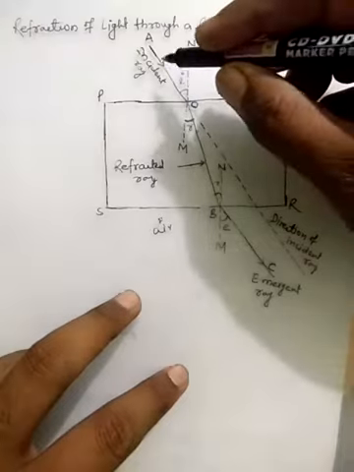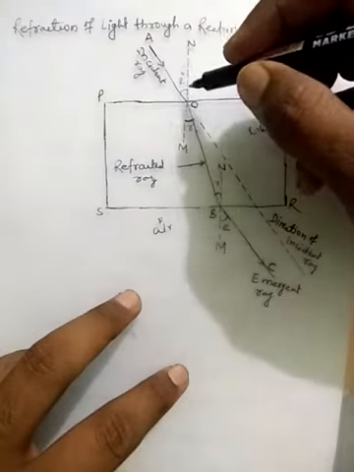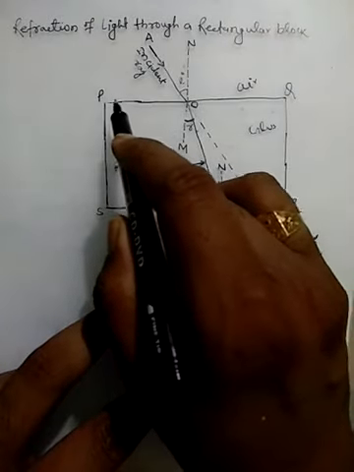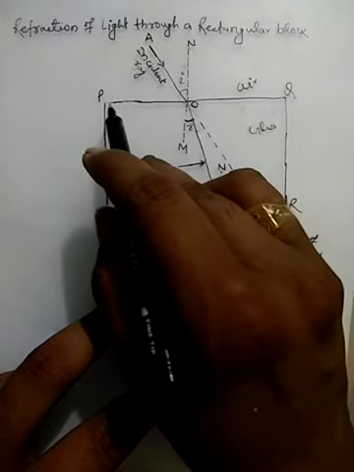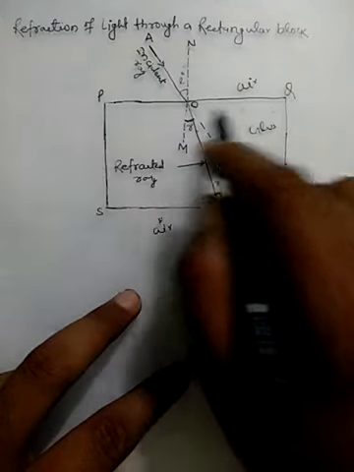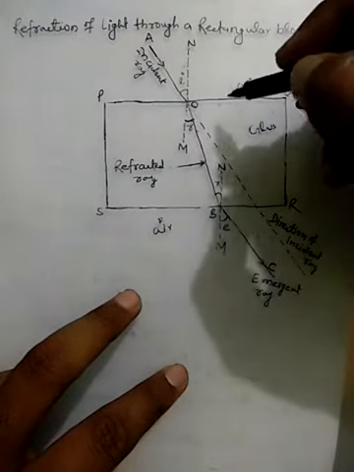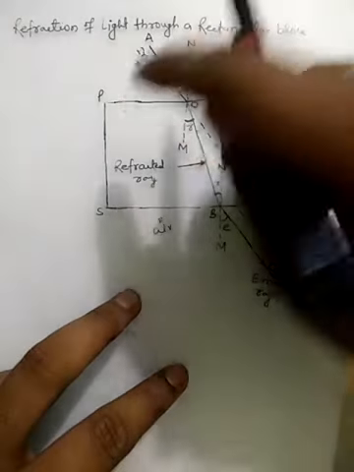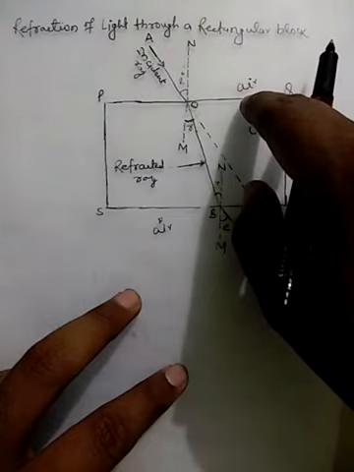Here AO is the incident ray, and the incident ray is incident at point O of this partition line, that is PQ. Here MN is the normal to this separation line or partition line.